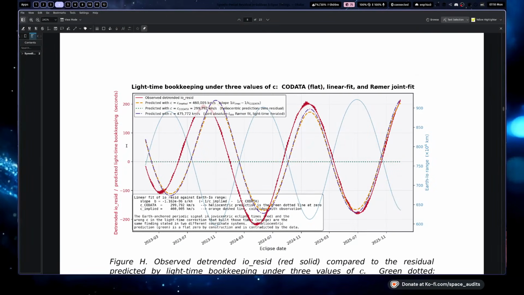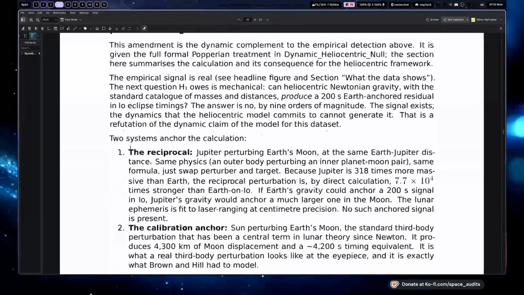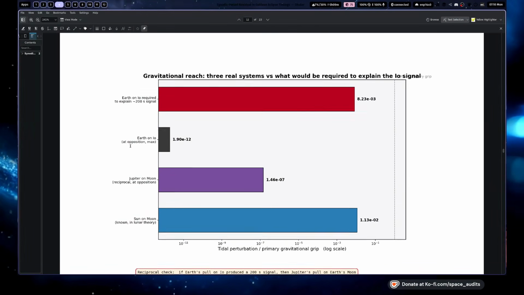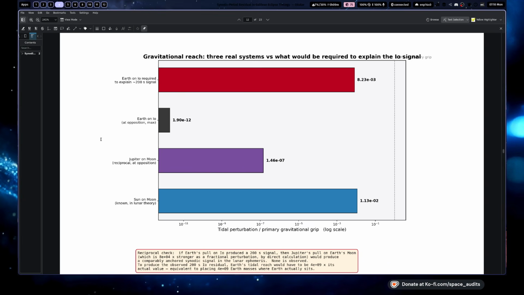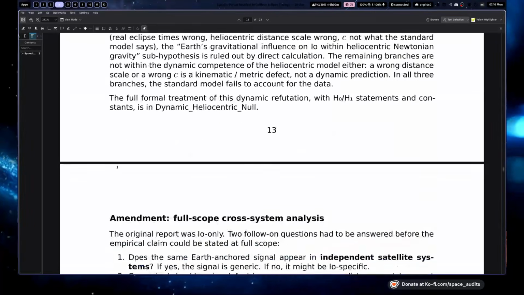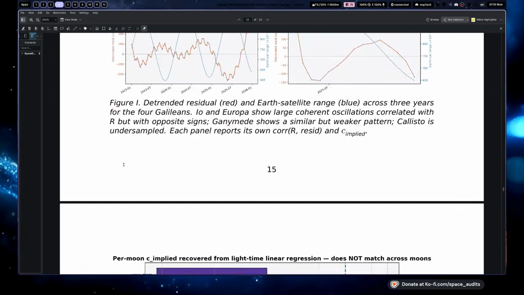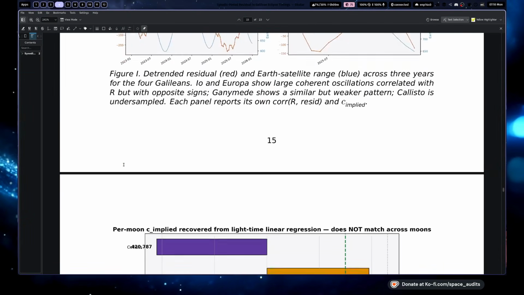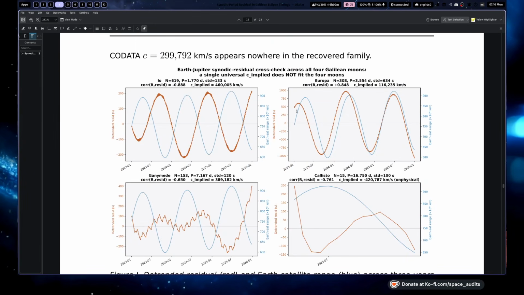Io and Europa both have a sinusoidally varying perturbation in their orbits, leading to these eclipse timing differentials that is correlated over 90% to Earth's position in space.